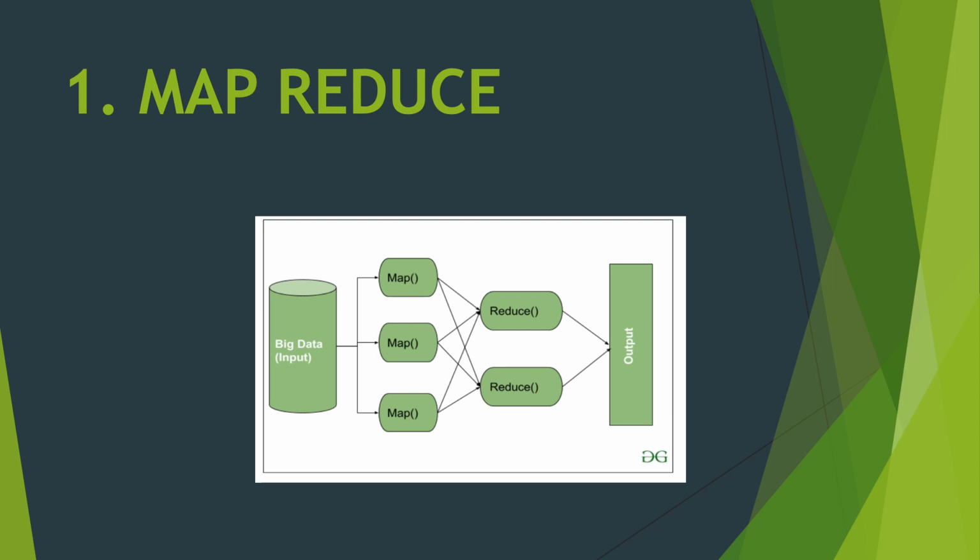Reduce. The main function of the reduce task is to gather the tuples generated from the map and perform some sorting and aggregation on those key values depending on the key element. Output format. Once all the operations are performed, the key value pairs are written into files with the help of the record writer. Each record is on a new line, and the key and value are separated.